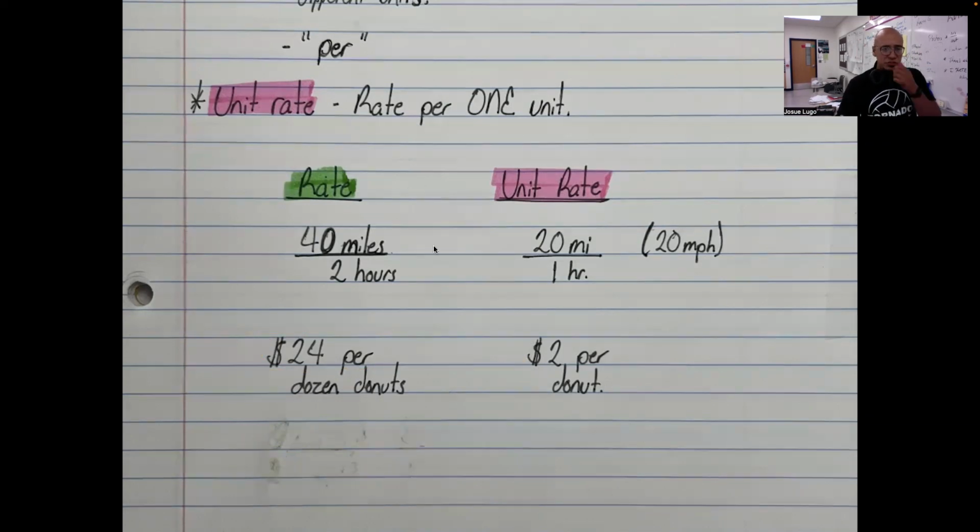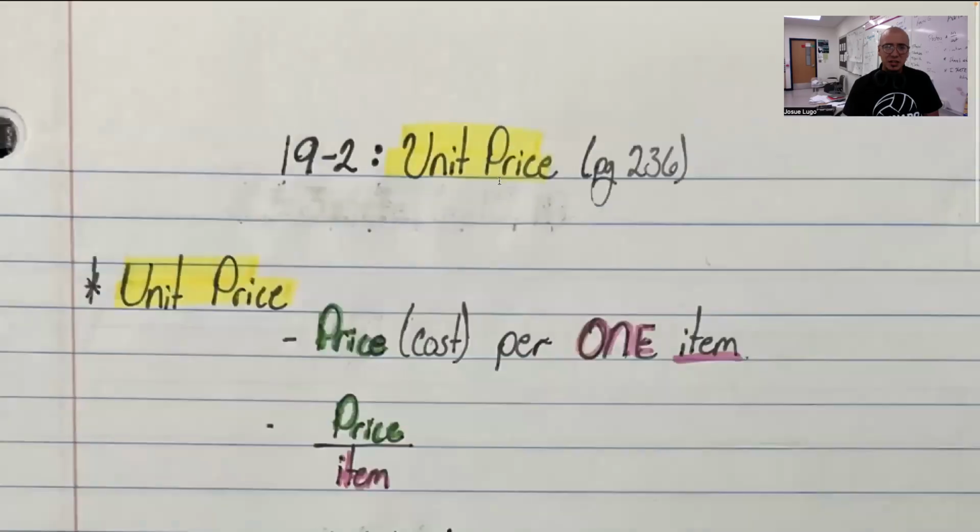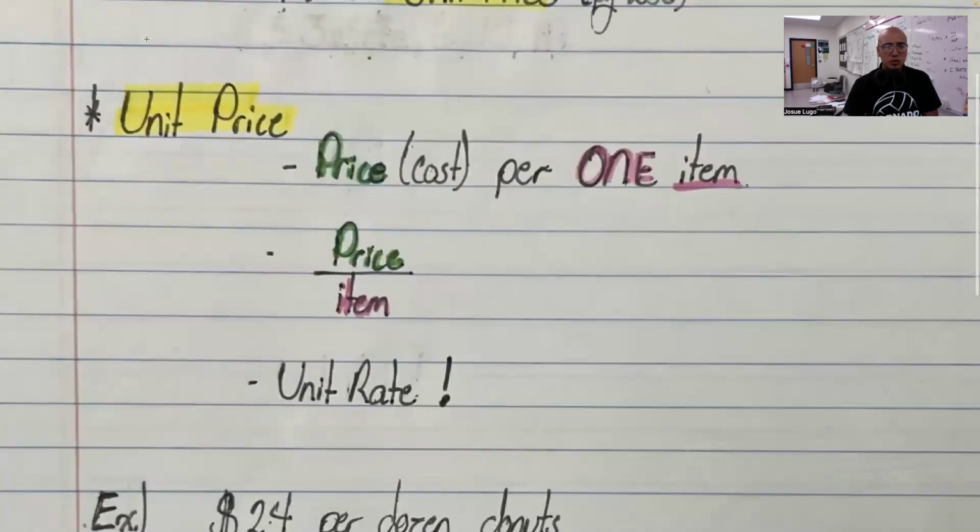In fact, ladies and gentlemen, what you just saw here is a specific type of unit rate known as the unit price. If you go to the grocery store and look at the price tag next to anything, whether it be cereal, meat at the deli section, or fruits and vegetables in produce, you're going to see on the sticker something like unit cost, or cost per pound, or cost per ounce, or cost per fluid ounce, or cost per container.